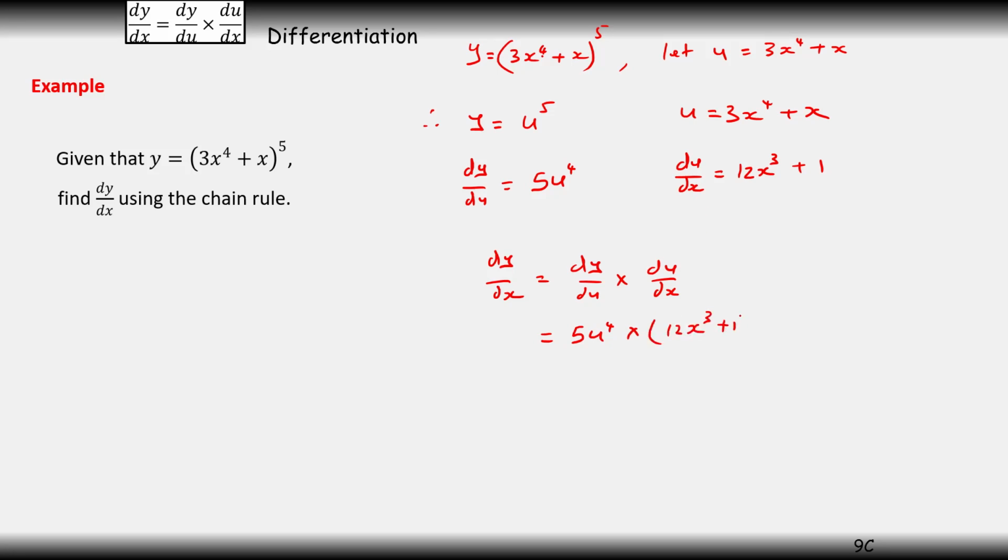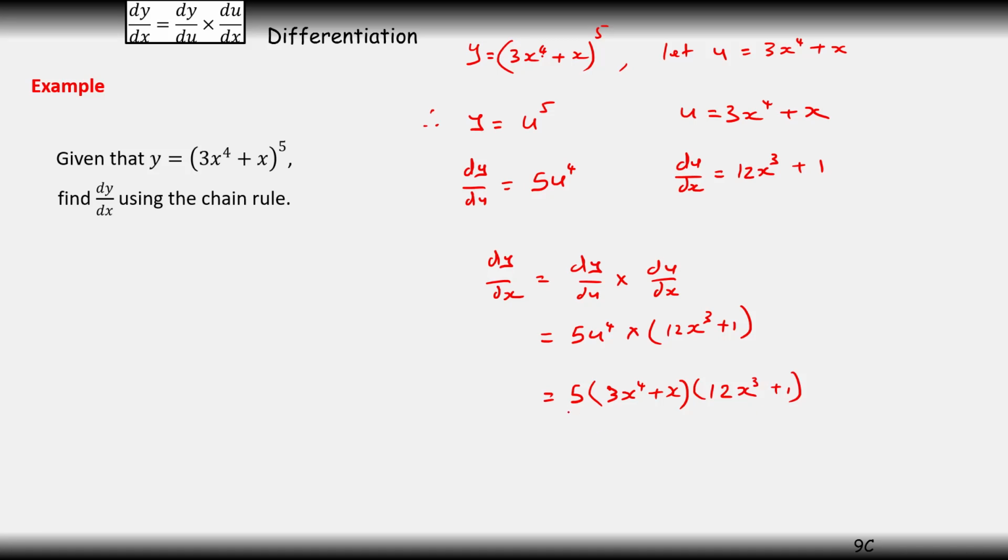So we're nearly there, except I want to put everything in terms of x. So I'm going to change my u, so that's going to be equal to 5 times, u is 3x to the power of 4 plus x, so 5 times (3x to the power of 4 plus x) to the power of 4, times (12x cubed plus 1).